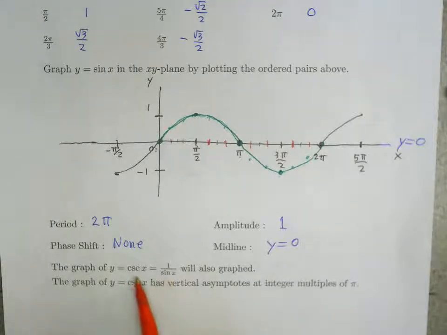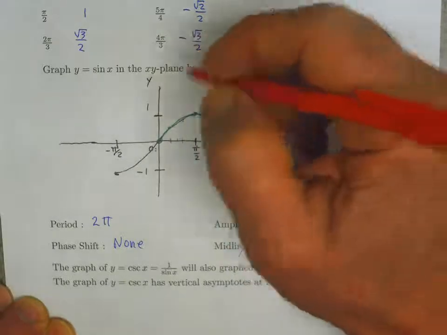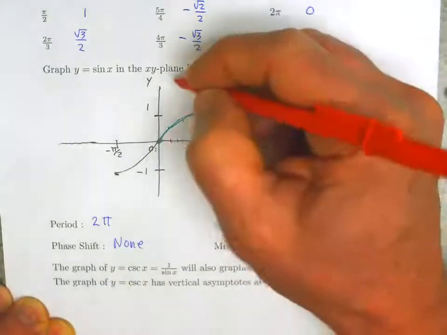And so y equals cosecant of x will have vertical asymptotes, and those occur for x values that make the denominator 0. So we use dashed lines for vertical asymptotes.